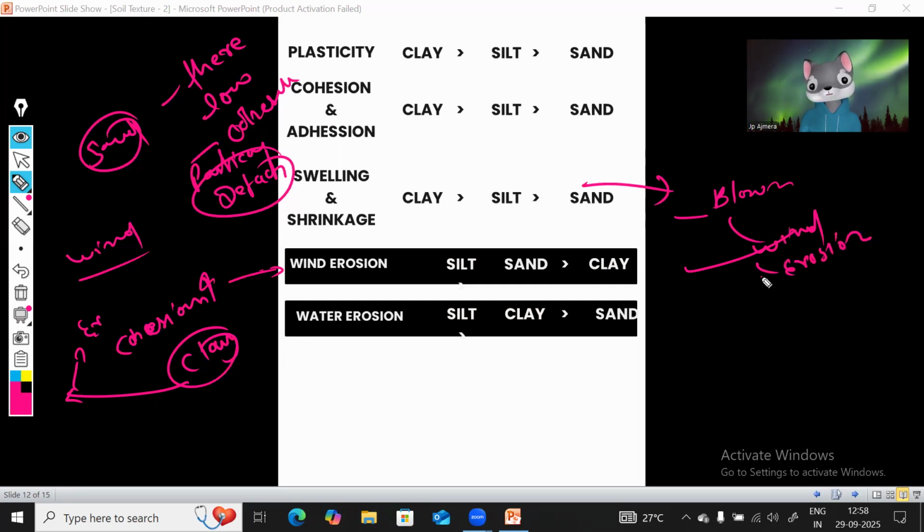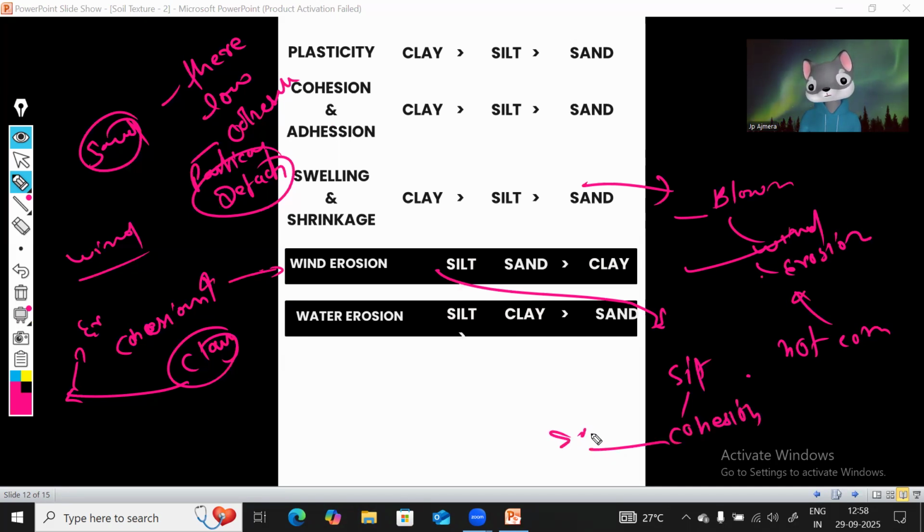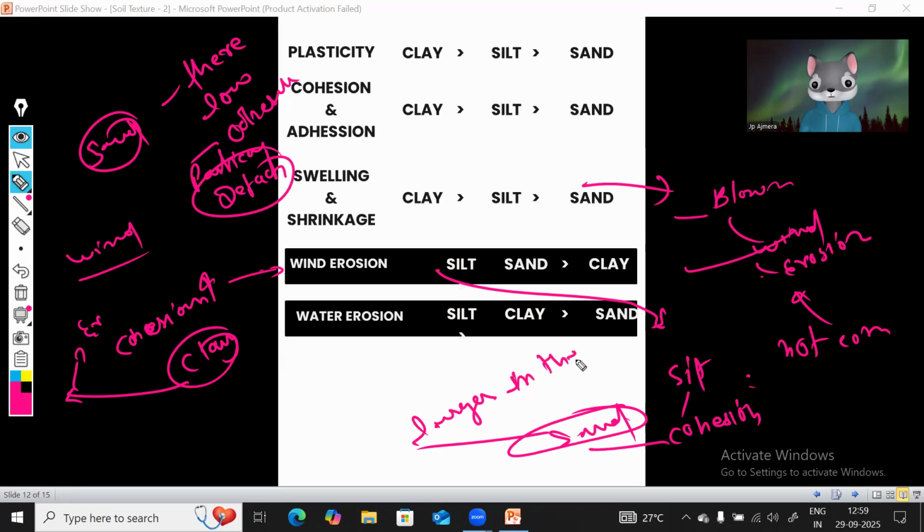So silt comes in the first place. The reason is that in silt, the cohesion is also low, like sand, but the silt particles are larger in size, so it requires more energy to move them on the surface.